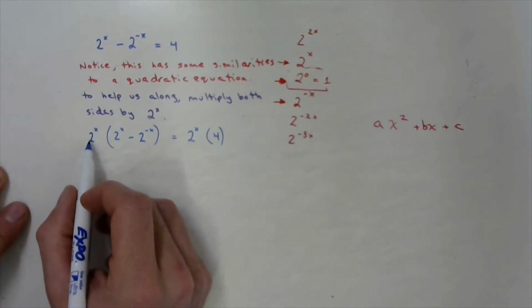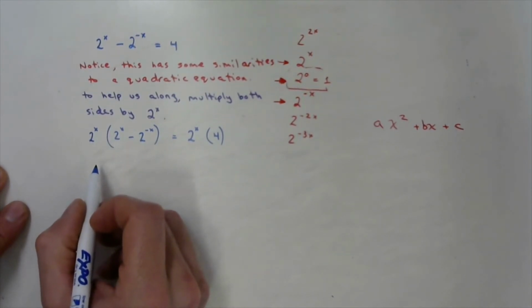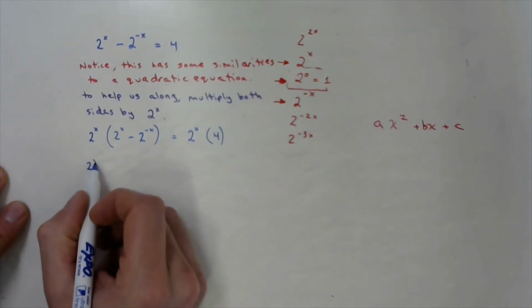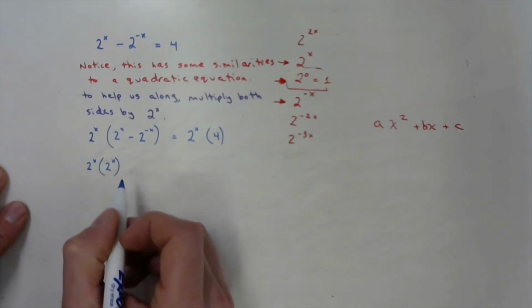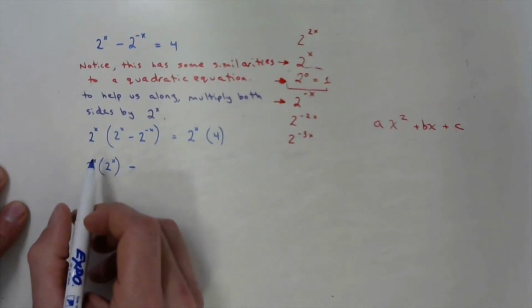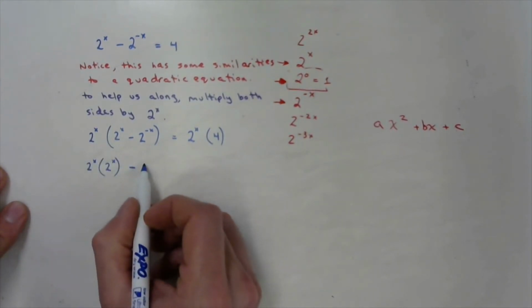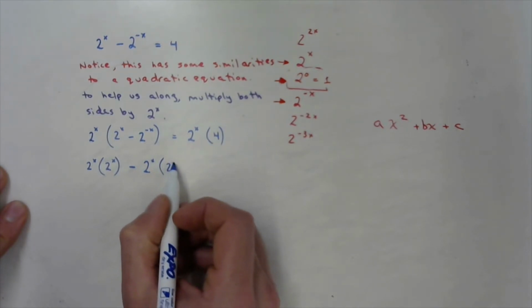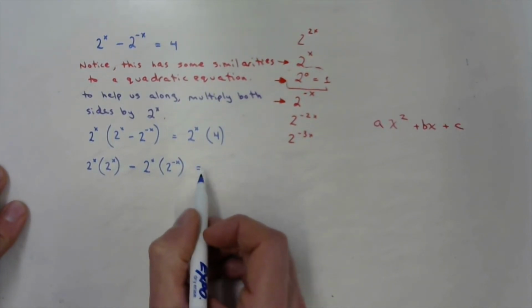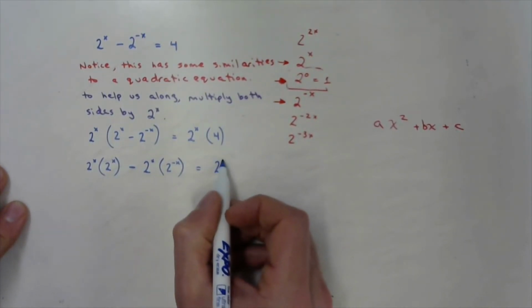So here I have 2 to the power of x times 2 to the power of x. I'm writing every step. I also have 2 to the power of x times 2 to the power of negative x. And on the right, we're not going to touch that yet.